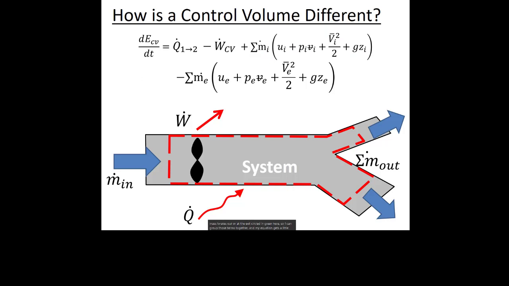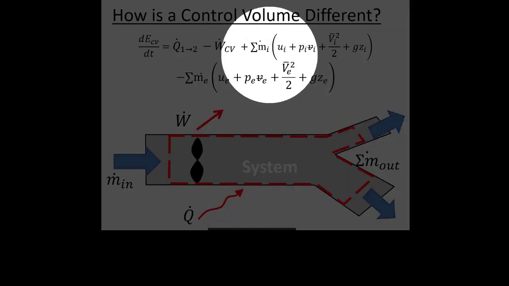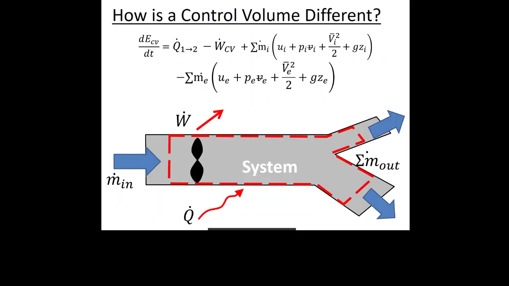Now I still have dE by dt, the rate at which the system is storing or depleting energy, equal to the rate that heat transfer comes in minus the work that goes out by fan blades in the system, plus the sum of the mass flow rates times all this stuff in the brackets.